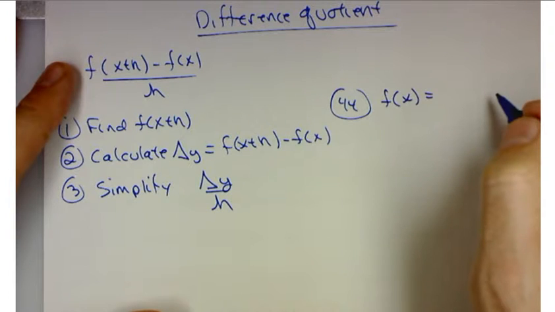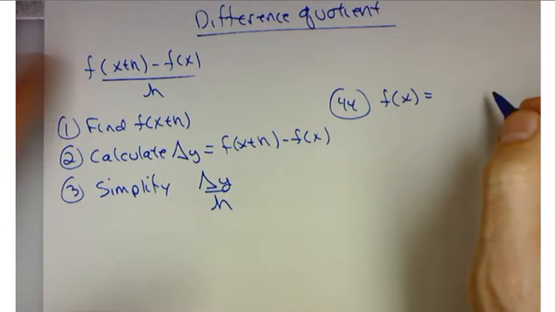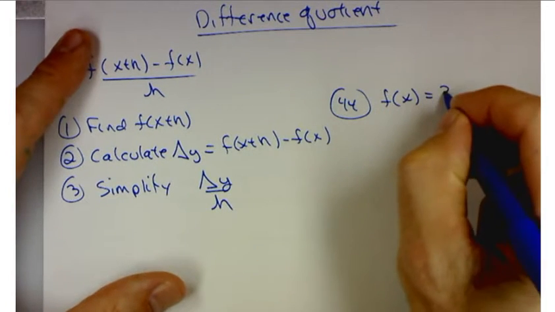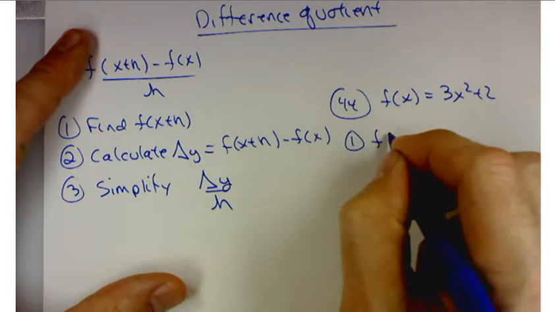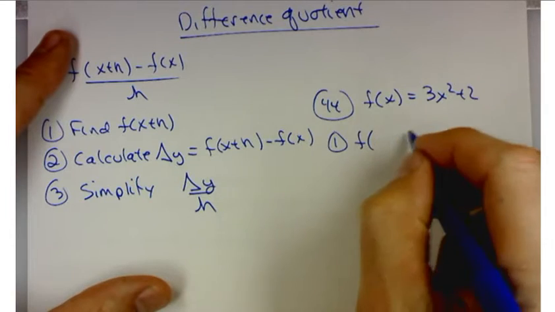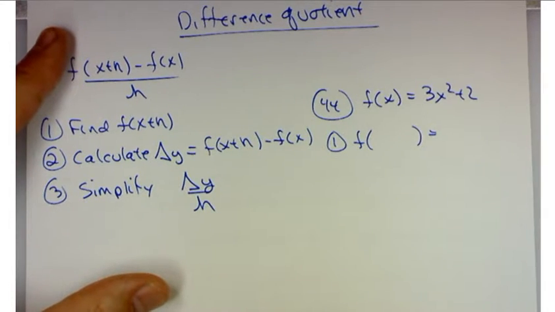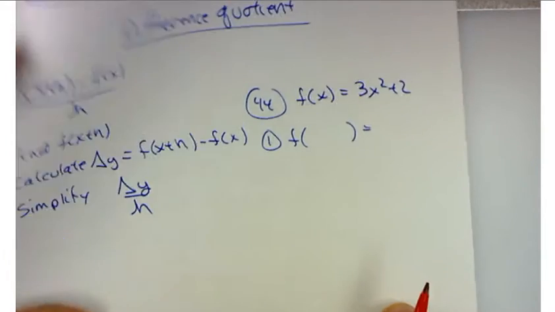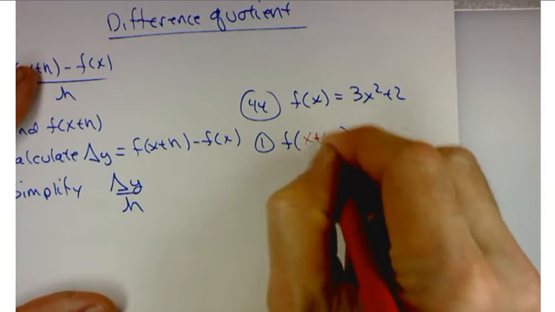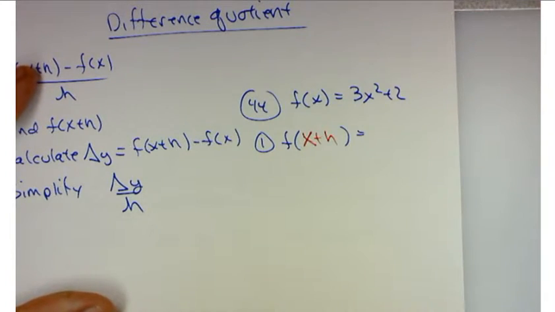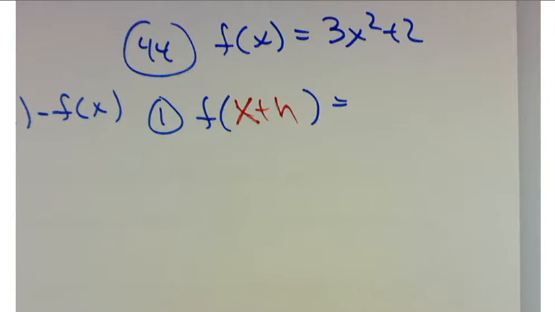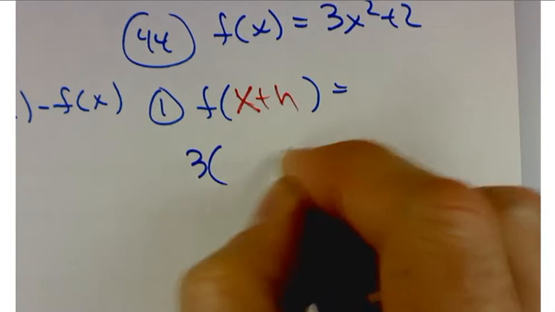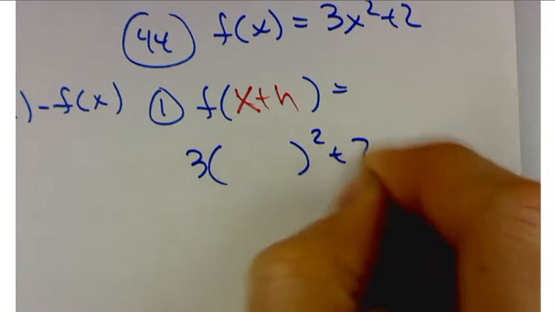F of x in problem 44 is 3x squared plus 2. My first job is to calculate f of x plus h. So I'm going to put in x plus h here. That means I need to take 3 times x plus h and square it.